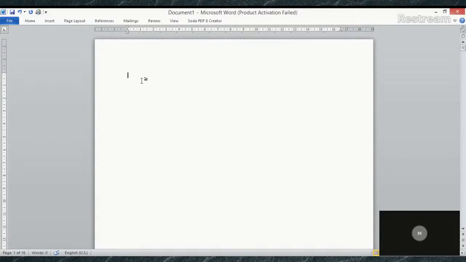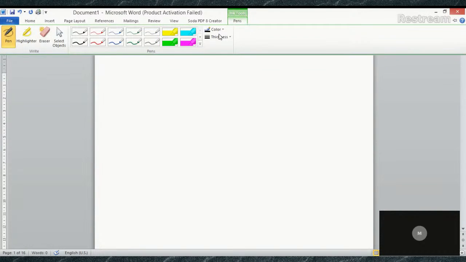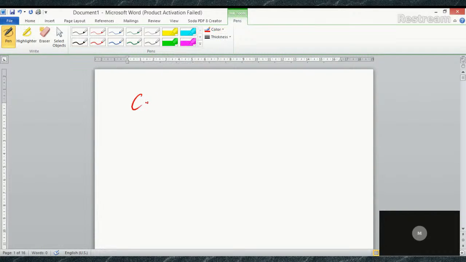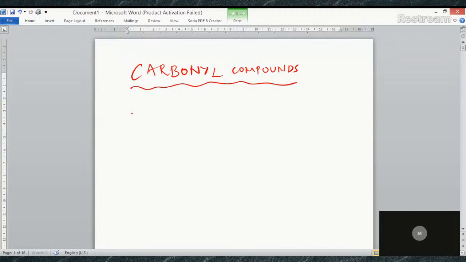So the topic is carbonyl compounds, and in that, oxidation of aldehydes and ketones.